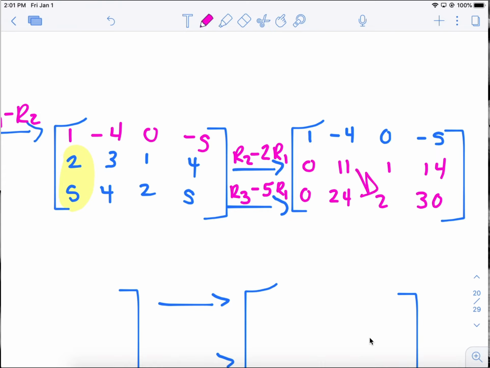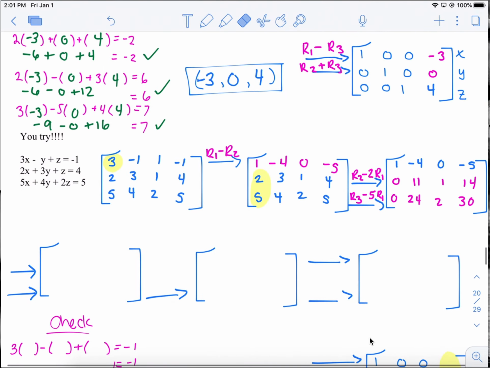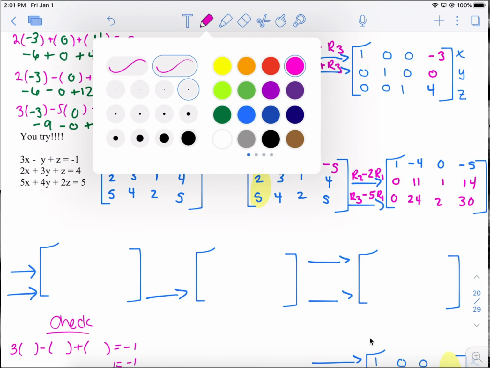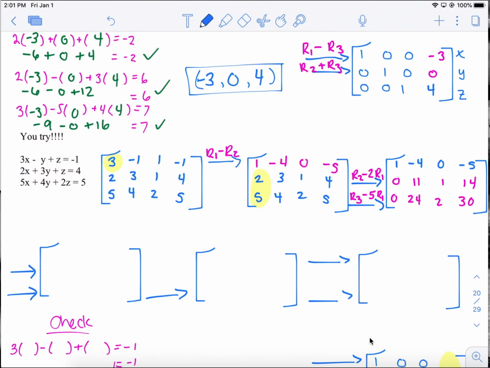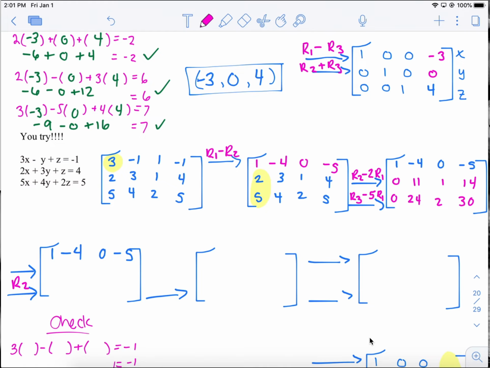So I switched these 2 guys. Not necessarily what you had to do, but it's always an option to rearrange your rows. So top row stayed the same. I put my row 2 on the bottom. So I had 0, 11, 1, and 14.